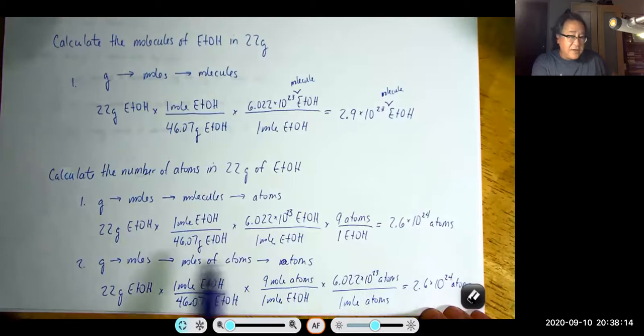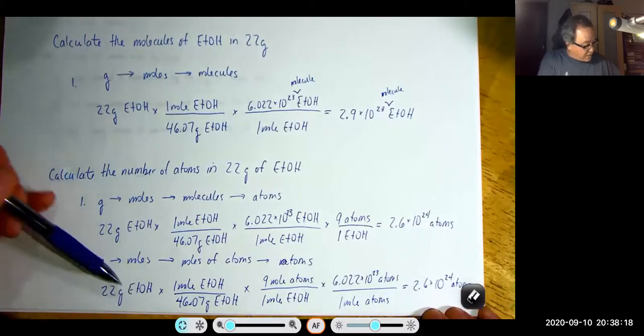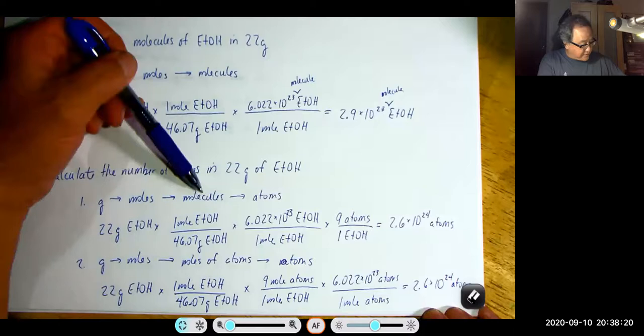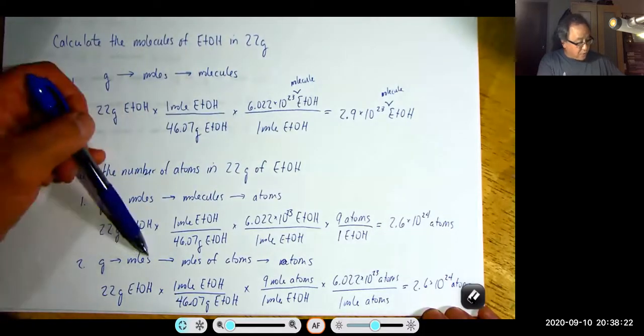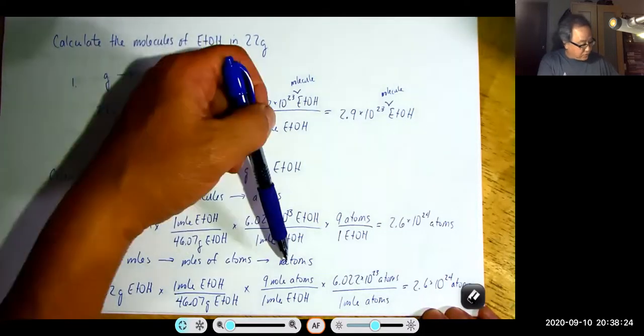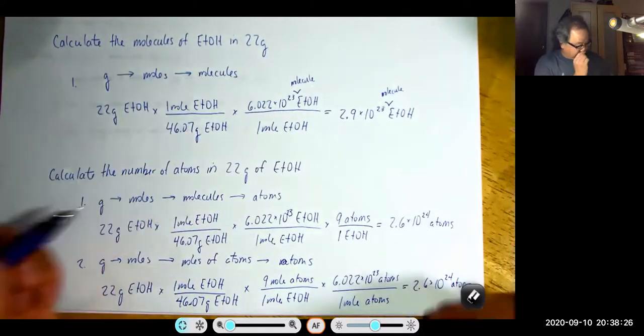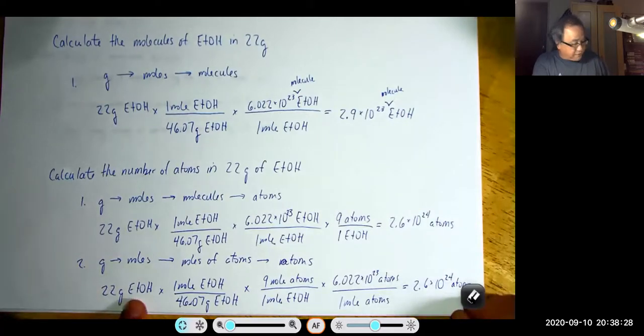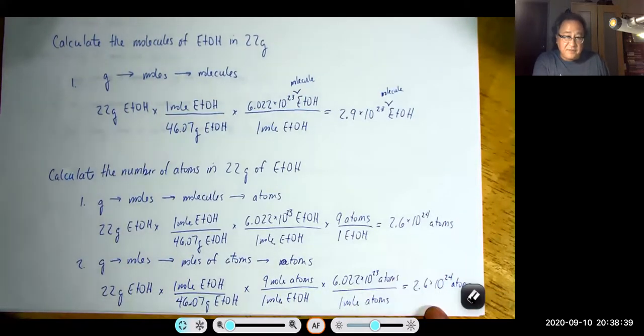I've shown you another way to do it down here, where instead of going from gram to molecules to atoms, we go from gram to moles of atoms to total number of atoms. So here, the first conversion is the same. We have 9 mole of atoms to 1 mole of ethanol. And then here, we say that there's that many atoms per 1 mole of atoms. And we get the same answer as above.